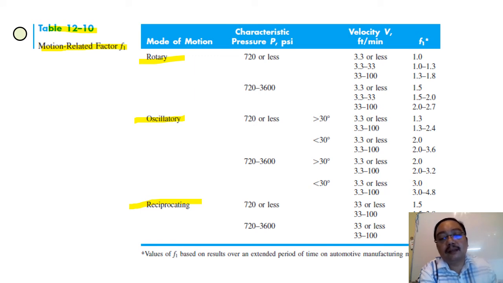All the elements in your car will be reciprocating, up down, up down, because you are driving on a road that has many holes. Your car jumps inside the holes. So this is reciprocating.